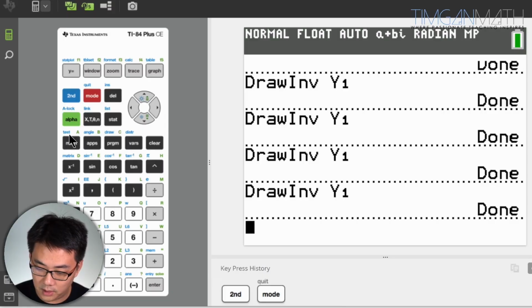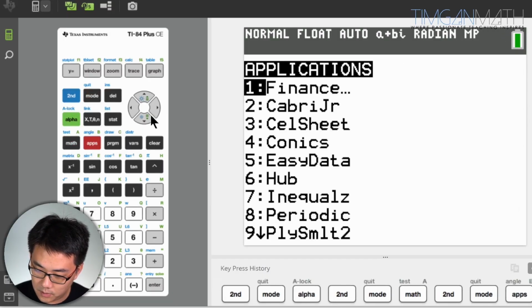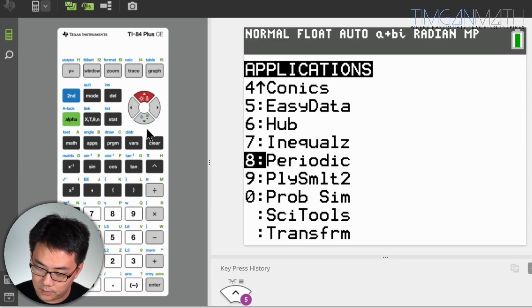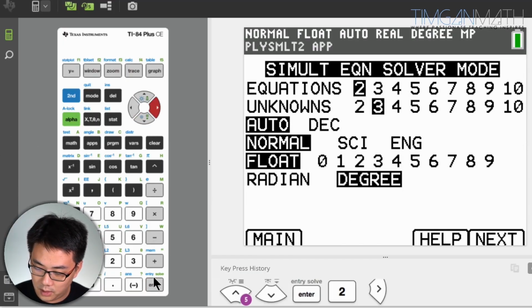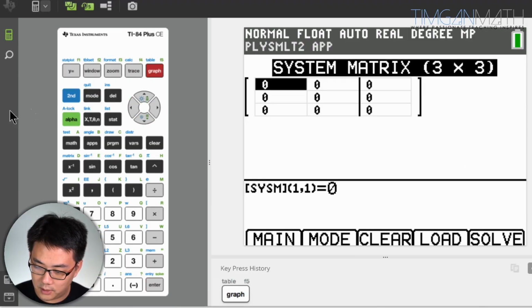Okay, so here will be apps, simultaneous equation, then 3 equations, 2 unknowns, and then you just press next and solve it.